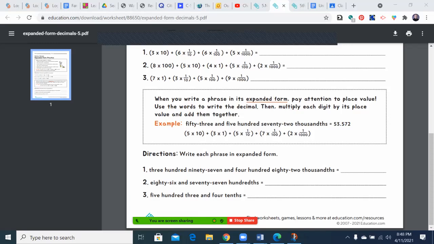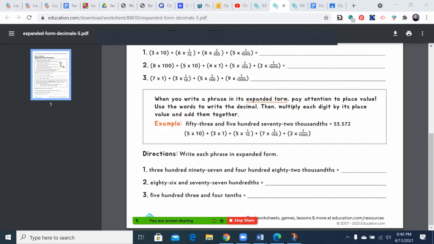397 and 482 thousandths. Let's use my text on this one. Let's make it a little bitty. It's hard to actually do here.